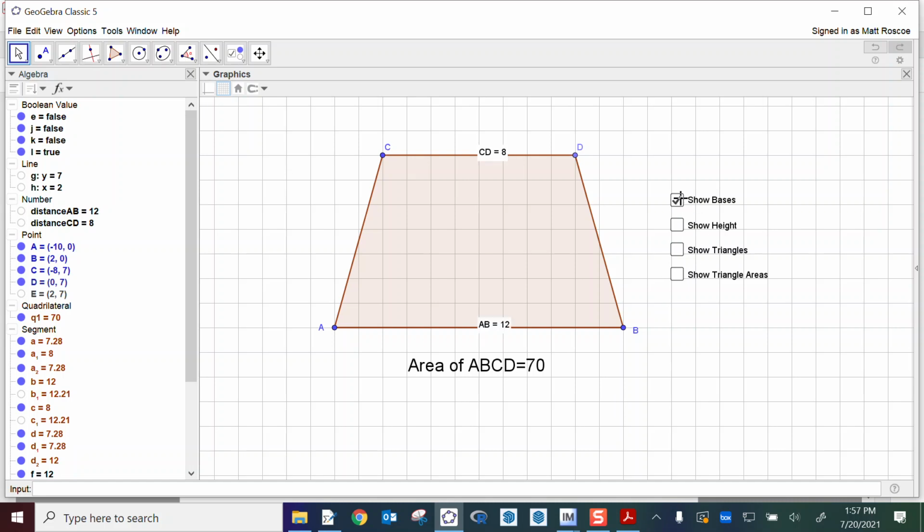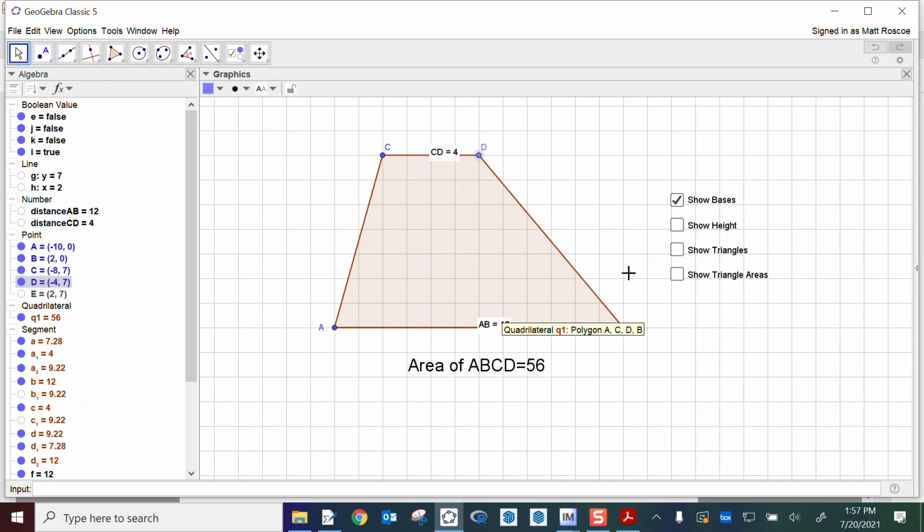So you could bring the bases in and think, okay, one way you could do 80 is you could do 8 times 10. And if 8 was the average of the bases, then the sum of the bases would have to be 16. So 12 plus 4 would make 16. So that would work to make the average 8.